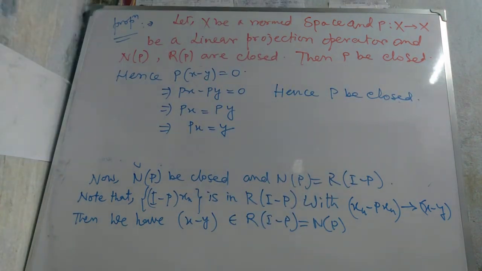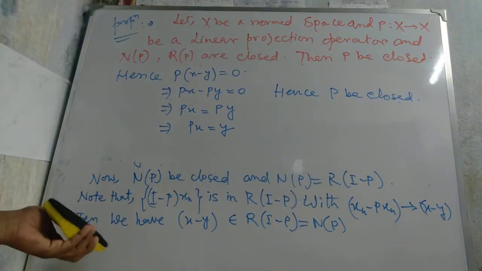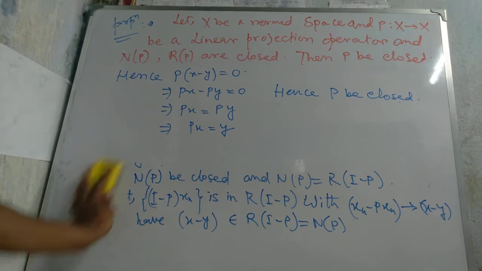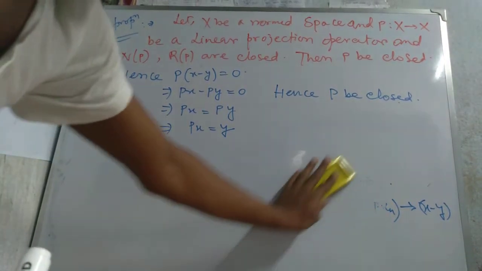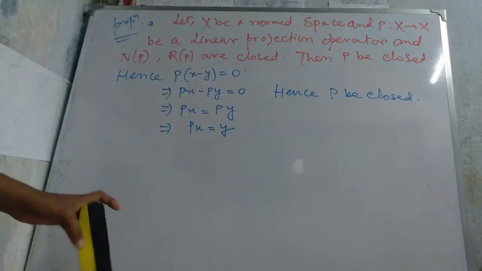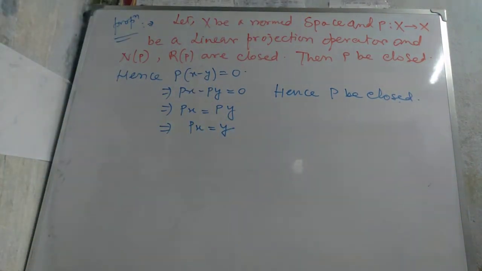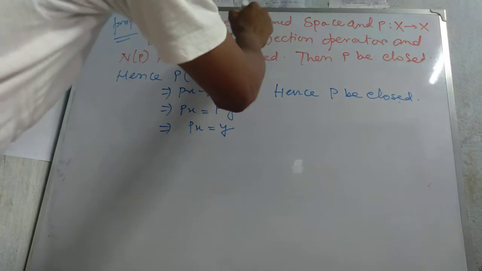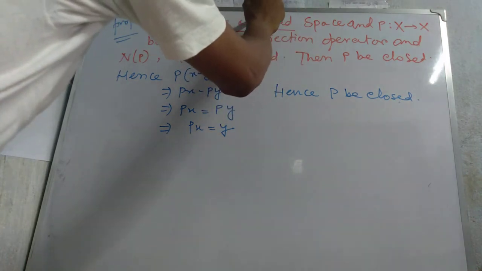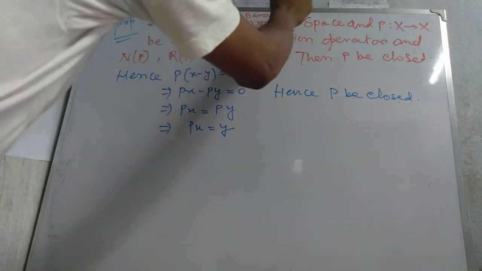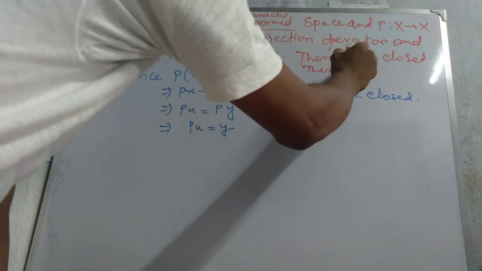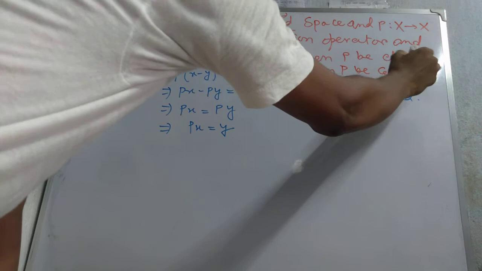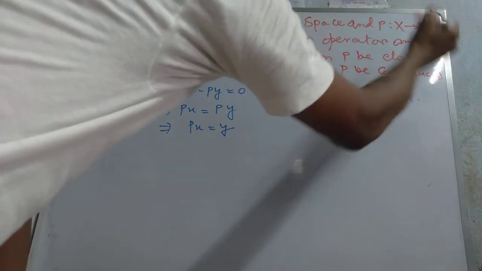Next we're going to further discussion about that. If X is a Banach space, not just a normed space, then P is continuous. How do we prove it?